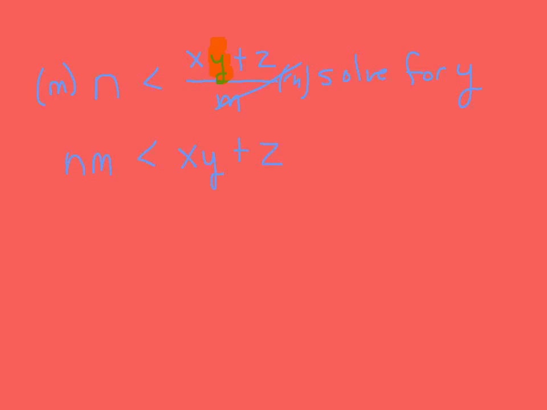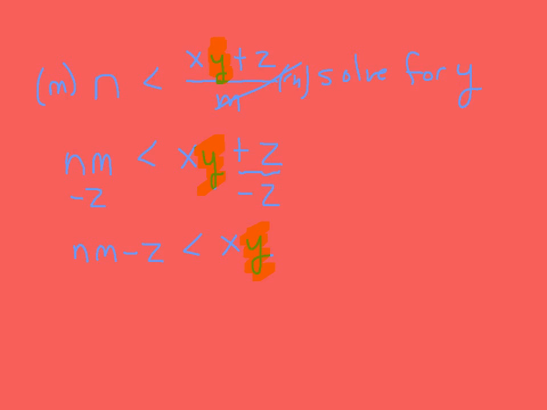Again, I see that constant back here as the plus z, so I will subtract that from both sides. So now I have nm minus z is less than x times y. Again, x times y. Remember here that y has to stay.